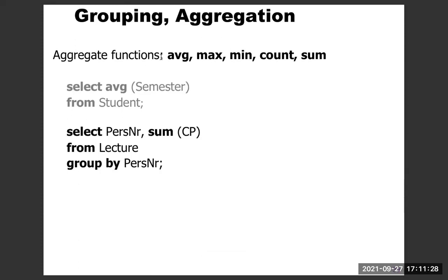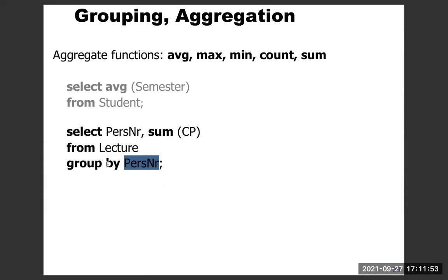In some cases, we want to divide the whole table into groups, and each group should have the same values for this field. Each group consists of multiple records from the table, but we'll never see them.